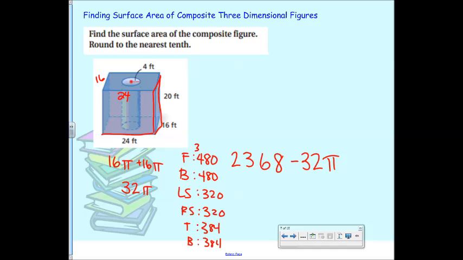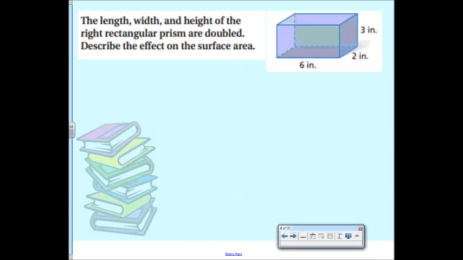Okay, so the front of the box, if this is the length, this is the width, and this is the height, how do you find the front of the box? Length times height. So if I need the front and the back, what would I do with it? Times 2. So 2 times length times height. What about the side? 2 times width times height.